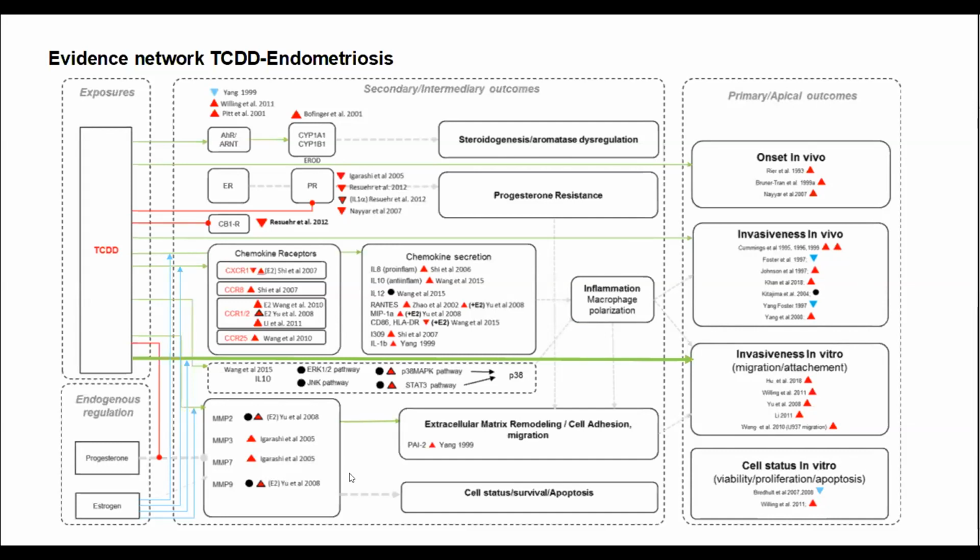The same for the MMPs that were associated either with TCDD alone or also TCDD with estradiol in the interaction term. That is a marker of matrix remodulation, and it's also a marker of invasiveness in vitro and in vivo. So we are extending.